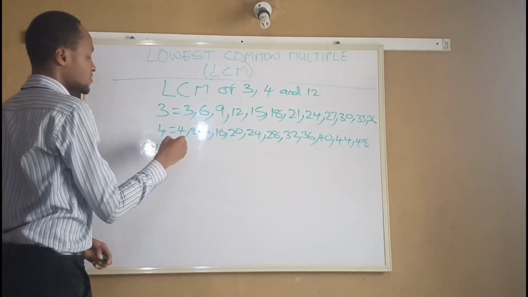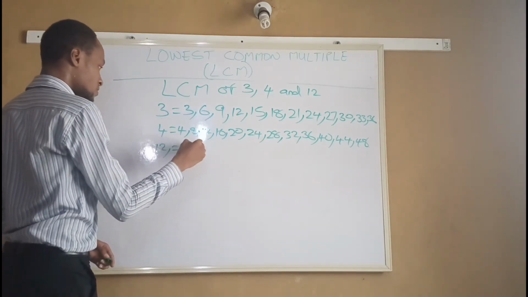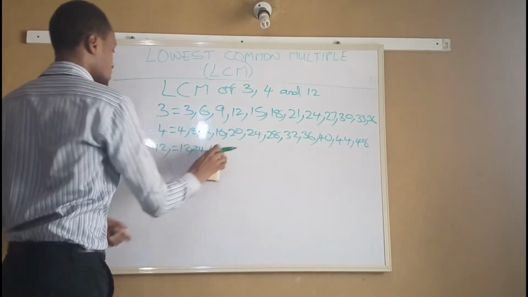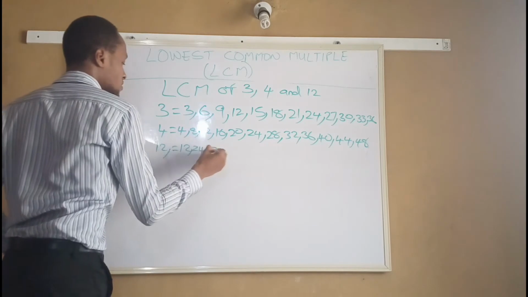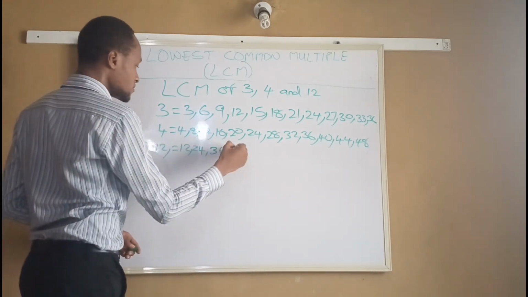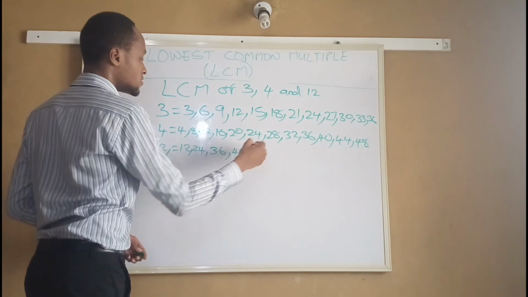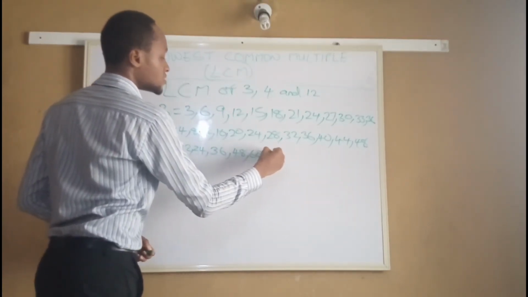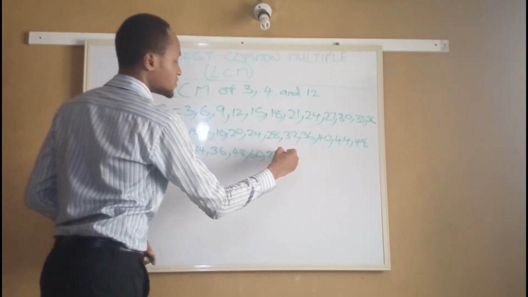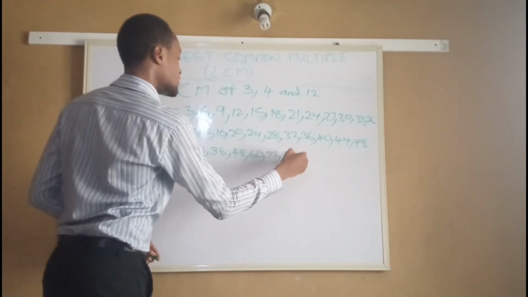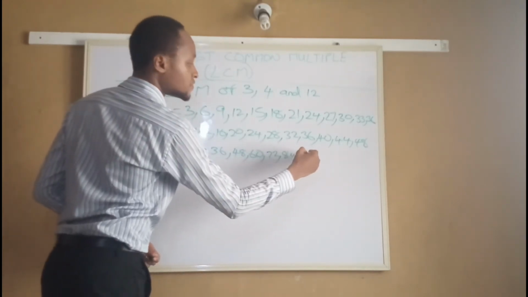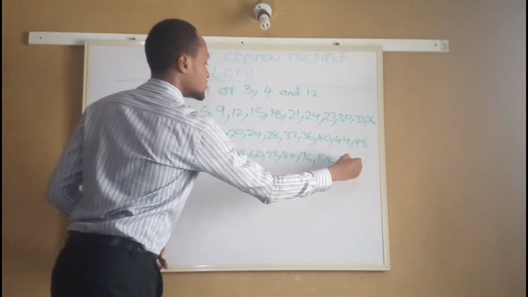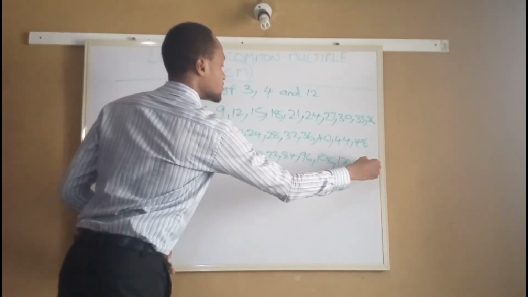For 12, I have 12, 24, 36, 48, 60, 72, 84, 96, 108, 120, 132 and 144.